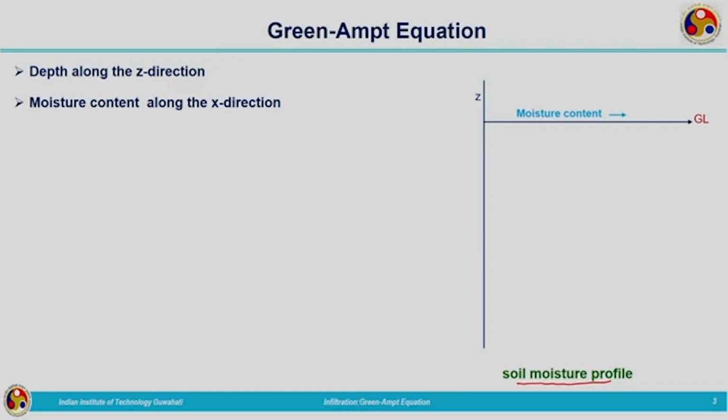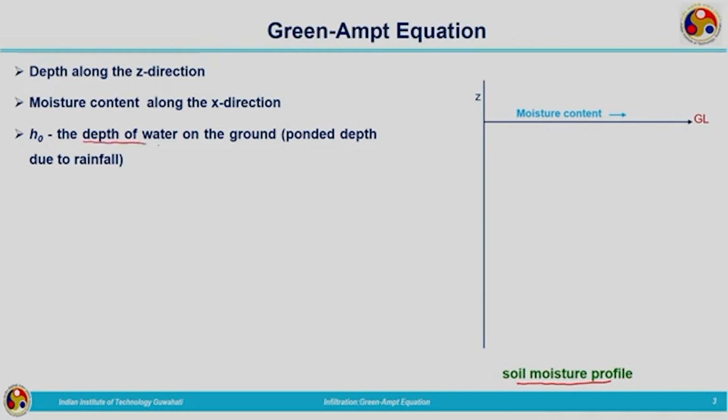Moisture content is marked along the x axis, and in the derivation of the Green-Ampt equation, we consider the depth of water on the ground, that is, the ponded depth due to rainfall, as H naught. This equation is for the ponded condition. That means this equation gives you the potential infiltration. What is potential infiltration?